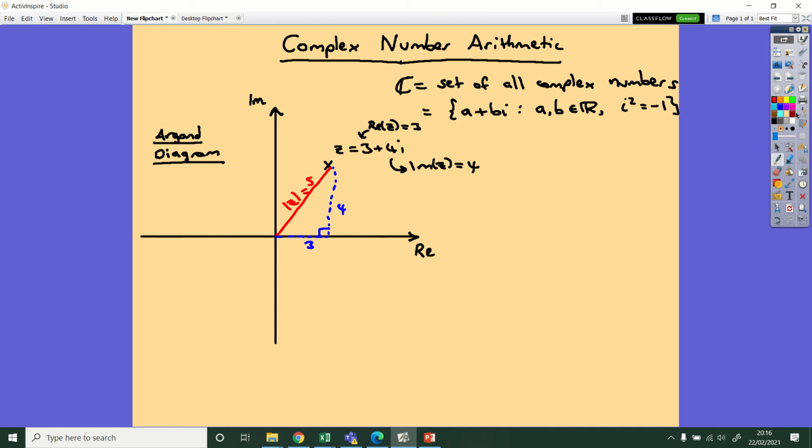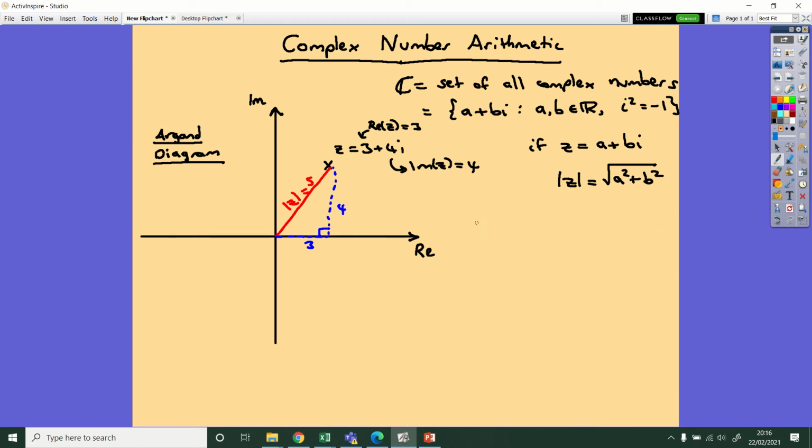Let's firstly write down the formula for what we've done there to get the modulus. If z is a plus bi, then the absolute value is this hypotenuse length, which is given by square rooting the sum of the squares of the components. That's going to give you a number.